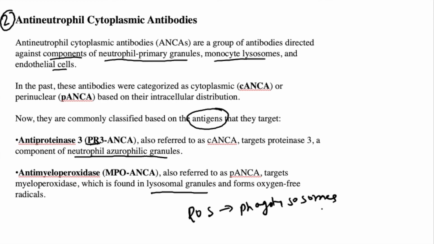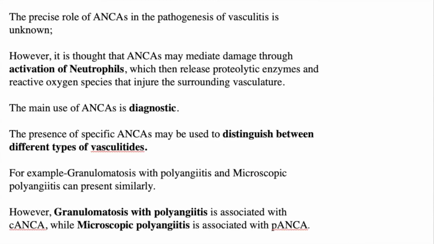If there is a congenital deficiency of myeloperoxidase, that can result in chronic infection and inflammation. So this is another pathophysiologic mechanism for vasculitis.